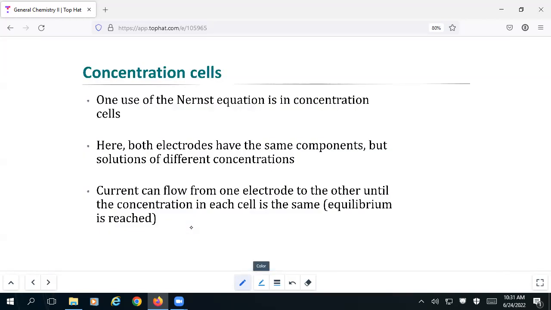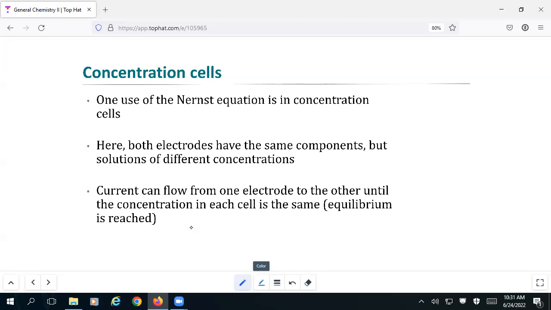Okay, so we're going to end this first portion of the lecture today talking about an application of the Nernst equation. And this was something I showed you in lab yesterday. It is possible, using the Nernst equation, using the fact that we have non-standard conditions, that you can actually make something called a concentration cell.